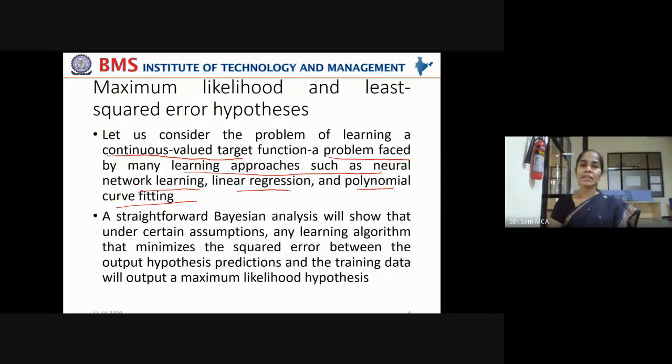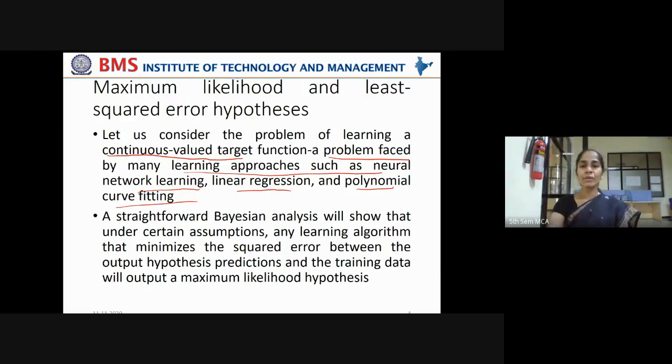In linear regression and neural network learning, we normally model in order to predict some number, like forecasting the weather in the coming days, or predicting the speed to be maintained on the highway for autonomous driving vehicles. All these are predicting a continuous value target function. In those cases, we are going to see how this maximum likelihood concept has to be understood.